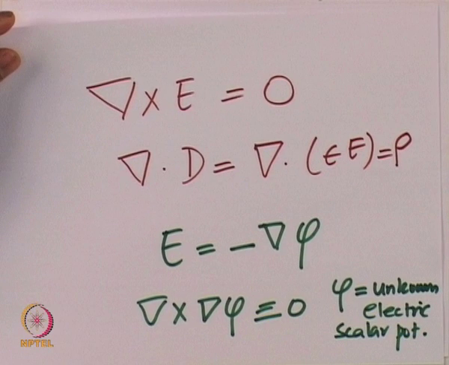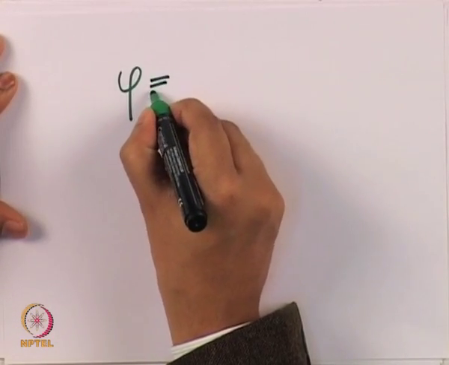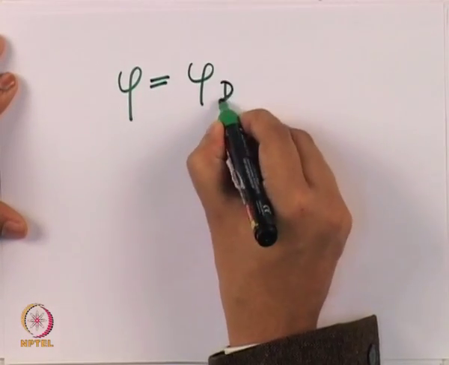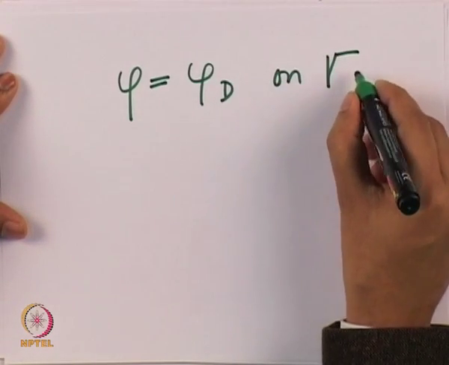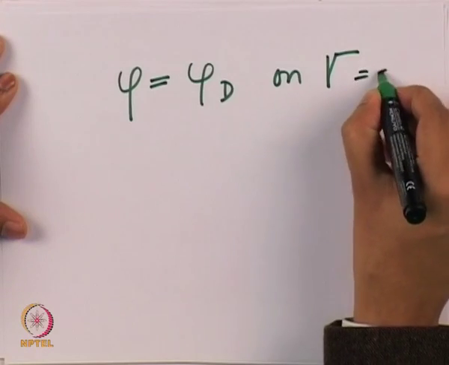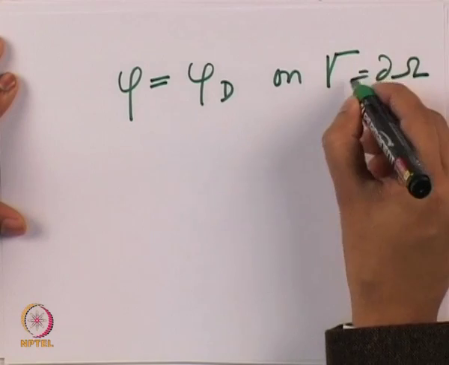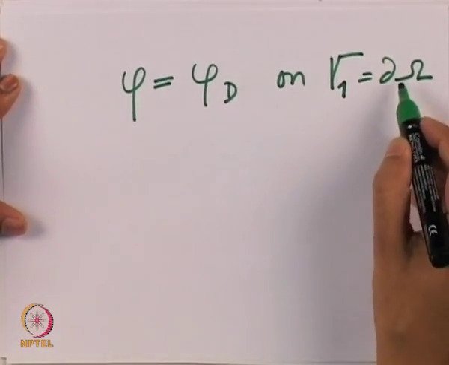Okay, so with this we have started getting into the Poisson equation, and now we also have to give certain boundary conditions. Let us write the boundary conditions as follows. We have two sets of boundary conditions. One is, we say the potential is going to be equal to D on certain boundary elements, which we have represented as gamma 1 of this particular boundary.